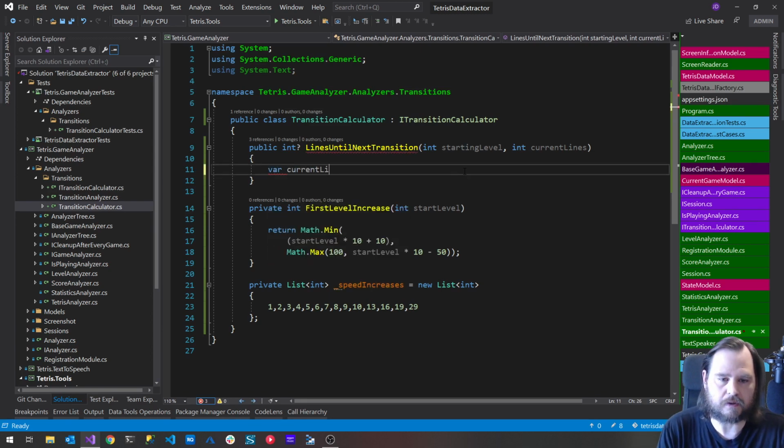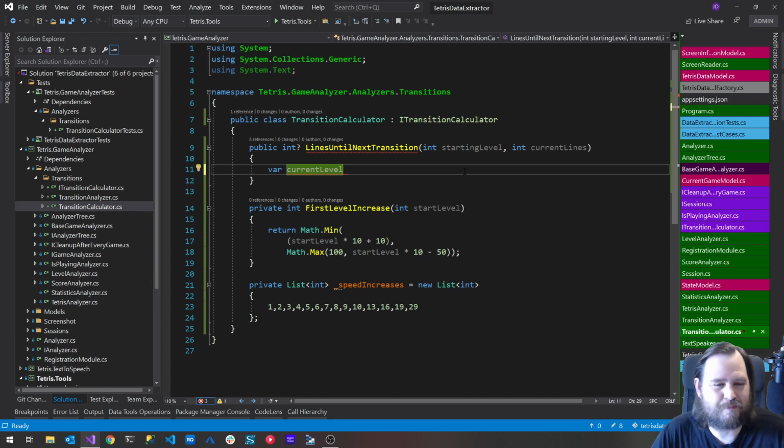We could actually bring in the current level from the game, the current state. But we can also calculate your current level based on your current lines.